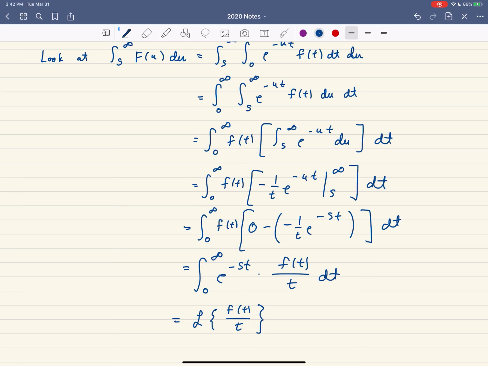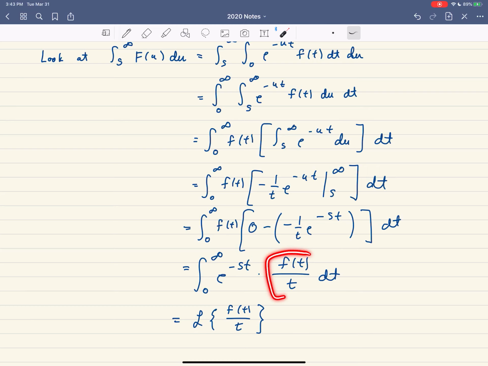I just want to talk about the assumptions that we were making there. We just did a bunch of things, and what we really need is this f of t over t part to be well behaved, not at infinity. We don't care about that, because as long as f is exponentially bounded, it's fine, and dividing by t is not going to matter as we go to infinity.